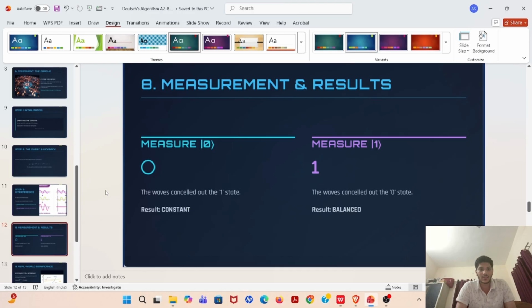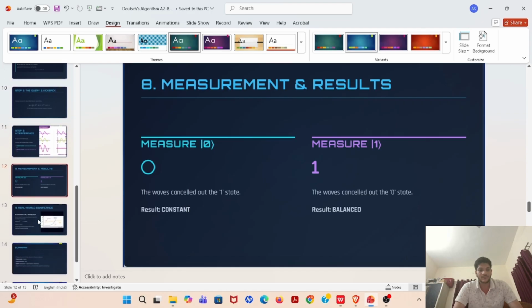Next is the measurement and results. The weights cancel out the one state for constant, and the weights cancel out the zero state for the balanced one.